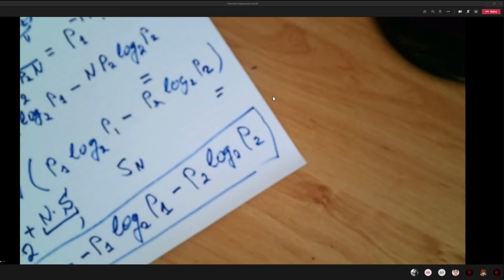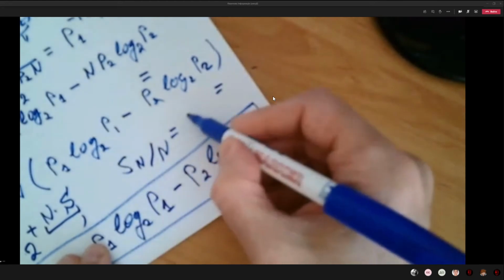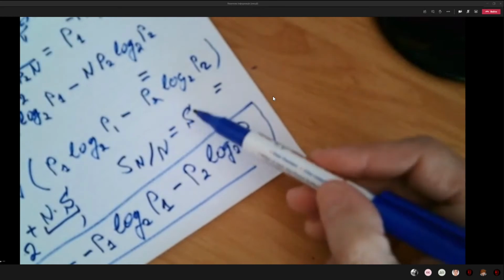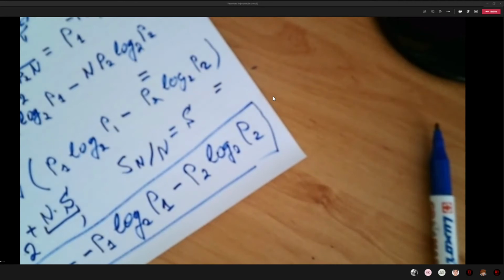But when we divide this by n, we get n s, and this s is called the Shannon entropy for one symbol, the Shannon entropy in a message which contains one symbol. And Shannon entropy can be considered as a value of information which we can get from this message.